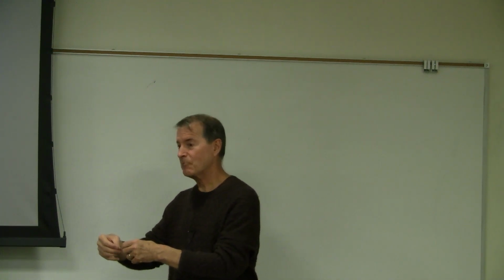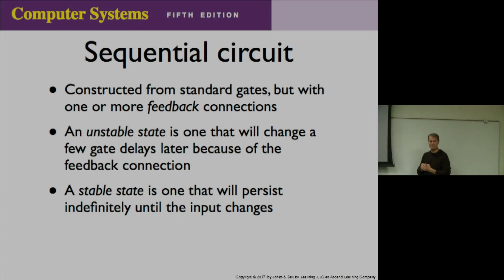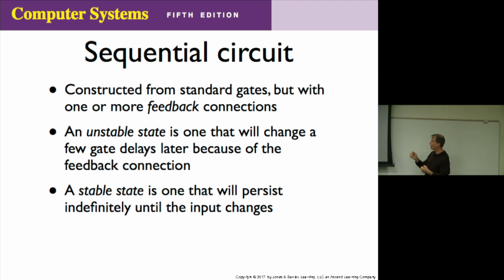But not only that, the output of that gate never did go back to the input of one that was earlier in the sequence. Didn't have any loops. That kind of a connection is called a feedback connection.